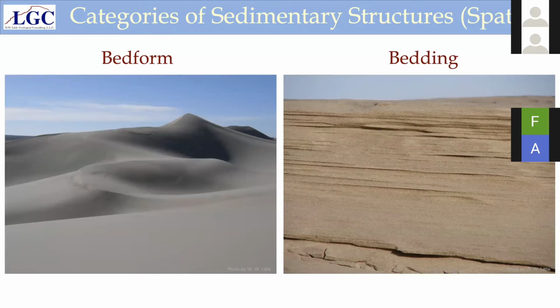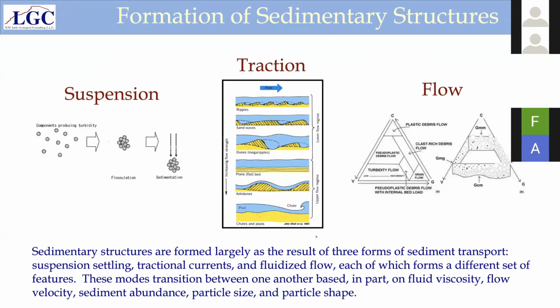All right. Now, primary sedimentary structures, physical structures, can be formed in three major ways: from settling from suspension, through traction, and through fluid flow.